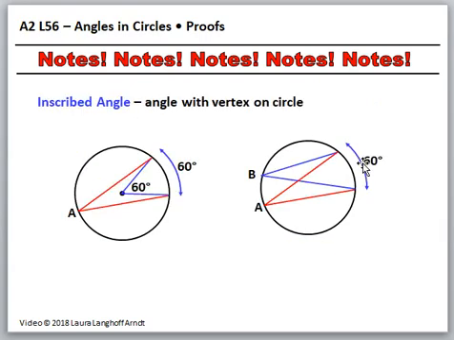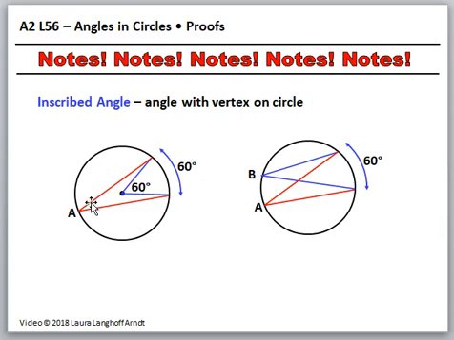Inscribed angles. Okay, we've got a couple of things here, and one is that we need to remember, of course, the blue angle here is not an inscribed angle, because an inscribed angle has both points and the vertex on the circle. This is a central angle.